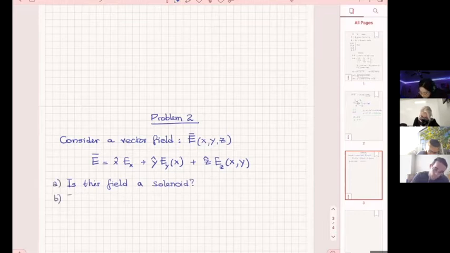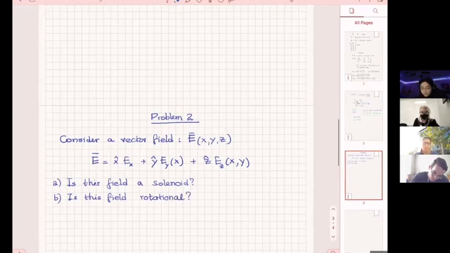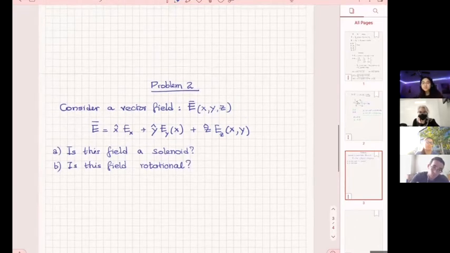Question number 2: is this field rotational?